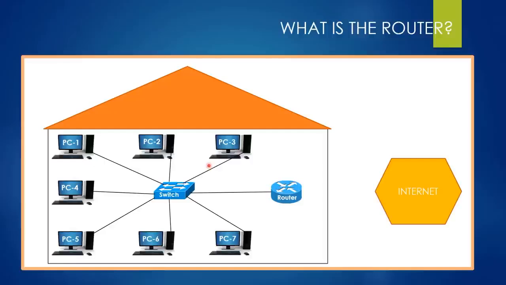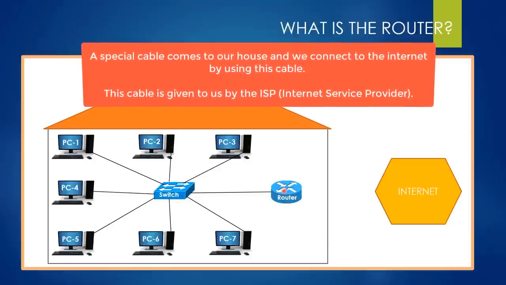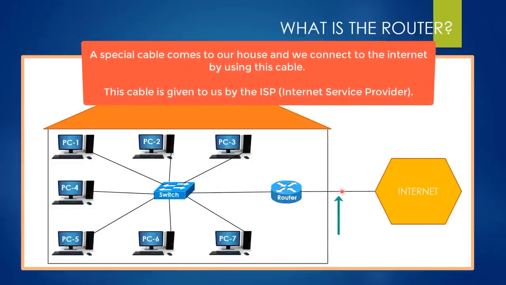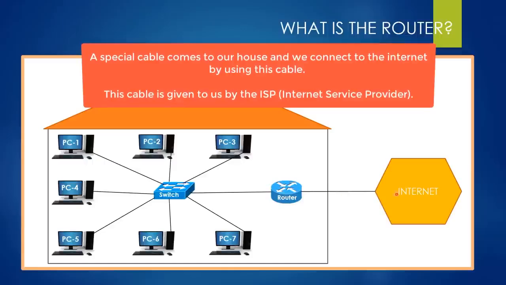This is good, but currently, what we have to do isn't over. We still can't connect to the internet in this situation, because we need a connection between the router and the internet as well. And as you know, a special cable comes to our homes or offices, and this cable is given to us by the internet service provider. And thanks to this cable, we connect to the internet.